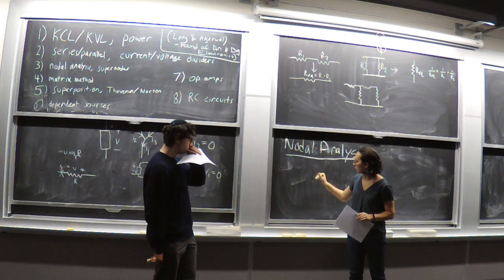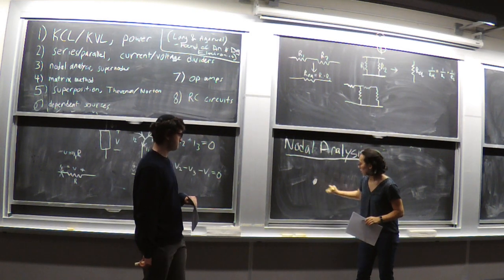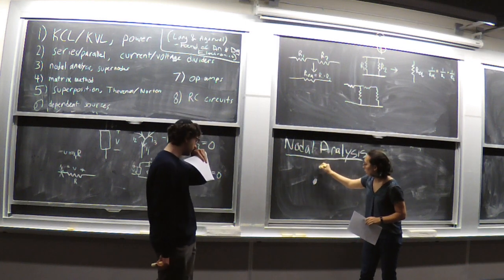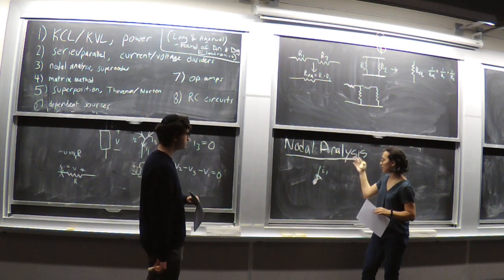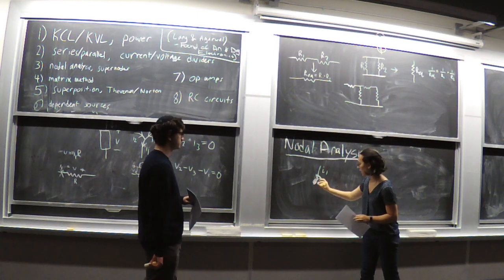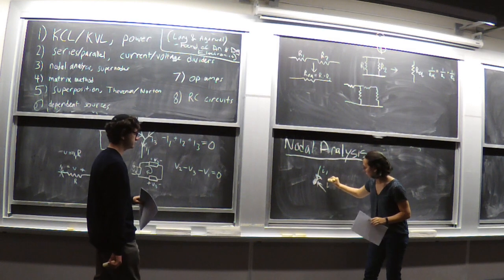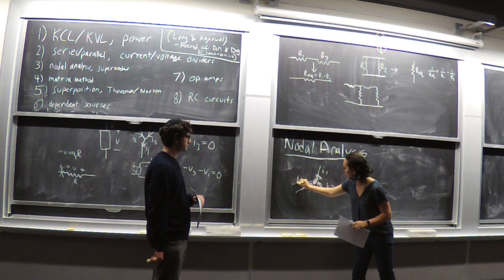So with nodal analysis, we're taking what we've defined to be a node, and we are looking at all of the currents. Nodal analysis is about summing up all the currents that go into a node, so our KCL. I'll just say there's n currents going into this node.